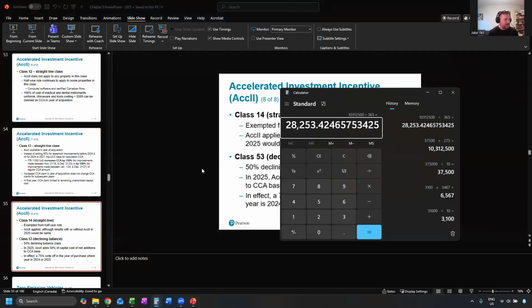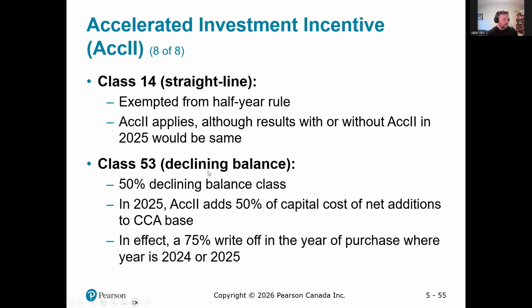So the CCA rate on additions to 53 is going to be 150% times its 50% CCA rate, which means additions will take 75%. So existing UCC will amortize at 50%. New additions will amortize at 75% in that first year. In effect, a 75% write-off in the year of purchase, where the year is 2024 or 2025.